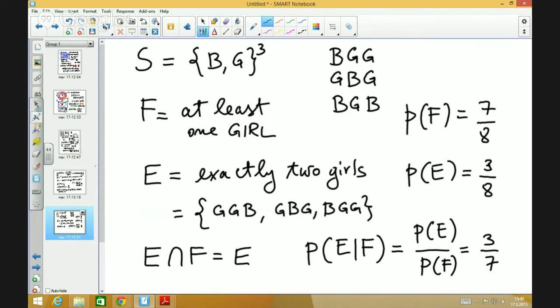They were 3 before, they remain 3, but now the probability is 3 out of 7, not 3 out of 8, which was the probability that you would assign to the event exactly 2 girls before somebody told you that the family has at least 1. So we revise our probability estimate based on information that we get.